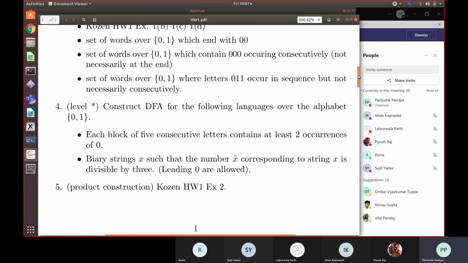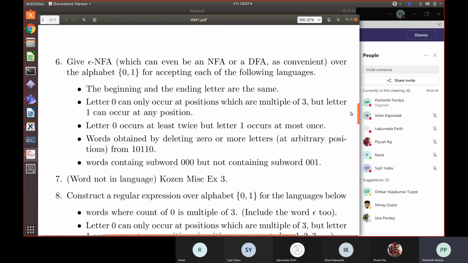Some of these exercises you can try by yourself. Let me try to do this 6. So far we are building DFAs, but now I allow you to also build NFAs and even epsilon NFAs where convenient. So for each of these 5 bullets, you have to build an epsilon NFA. But of course, every NFA is also an epsilon NFA and every DFA is an NFA. So where not required, don't use epsilon or don't use non-determinism.